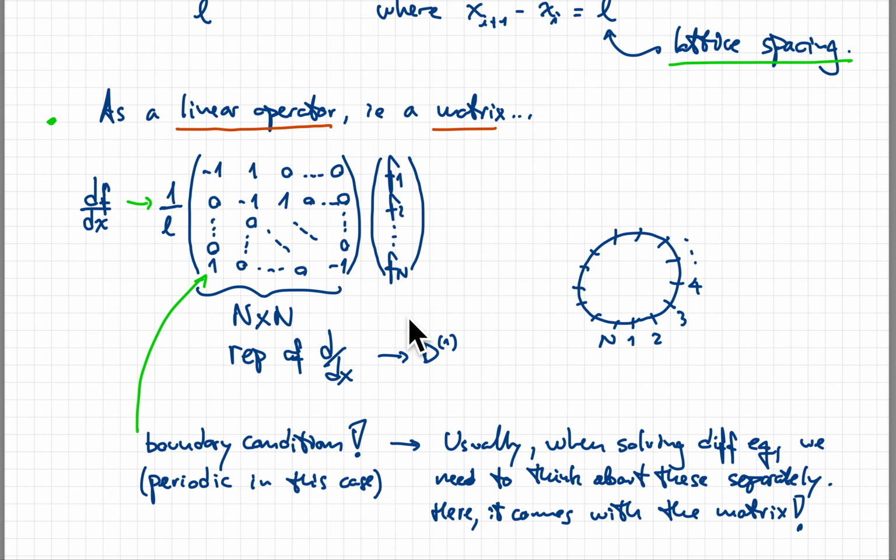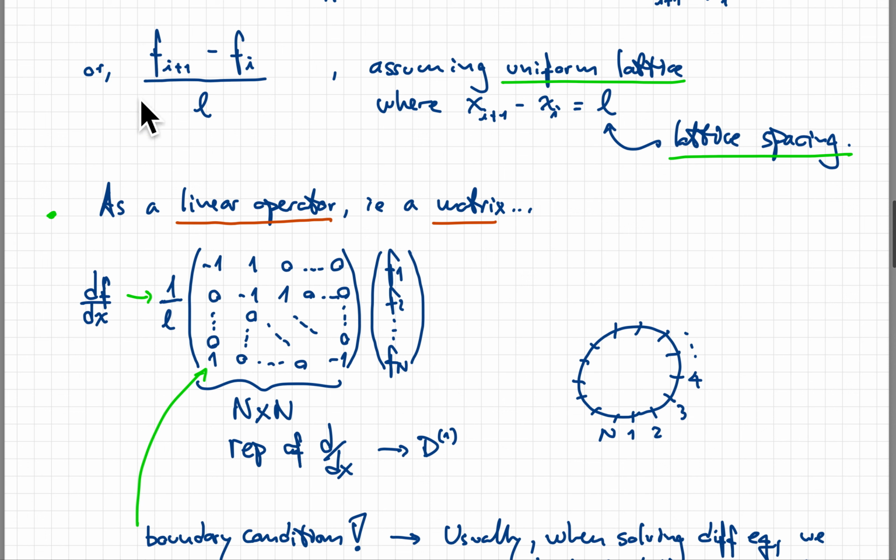And this is our function encoded into a vector, as I mentioned before. If you were to do this calculation, you will find that you get 1 over L times minus f1 plus f2, and that would of course be the result corresponding to the derivative applied to the function, but it would be the derivative at point 1.